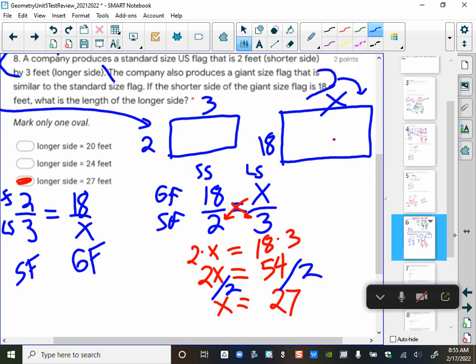Anytime we have these bow tie looking diagrams, what do we know about these angles here? What do we know about those type of angles?